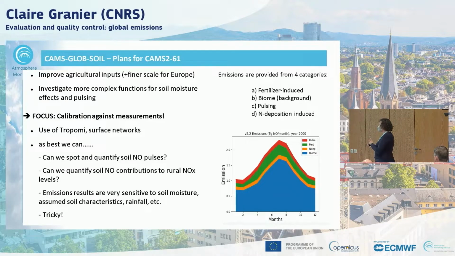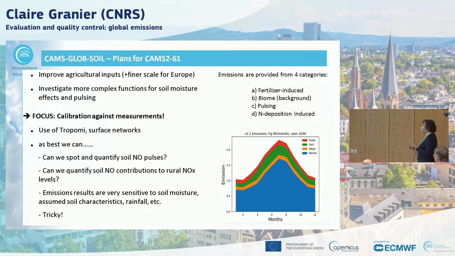For the next months, the plans are first to improve the agricultural inputs and use a finer scale for Europe because we have more data, investigate more complex functions for soil moisture effects and pulsing, and try to use topography, if possible.